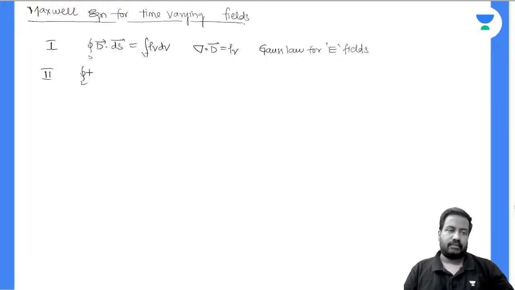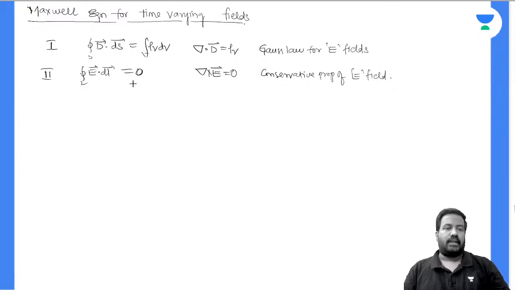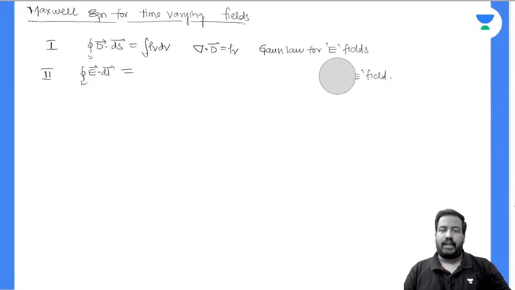Second, closed loop integral of E dot dl is 0, del cross E is 0, conservative property of electric field. This is for static fields. Now what change will happen for time varying?